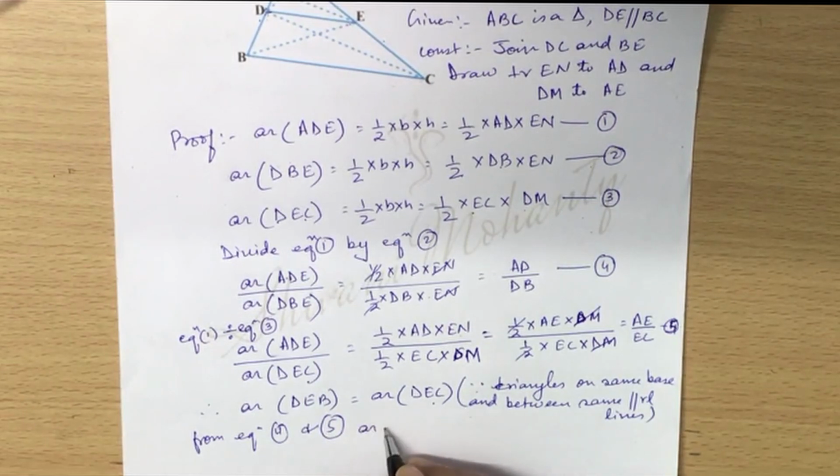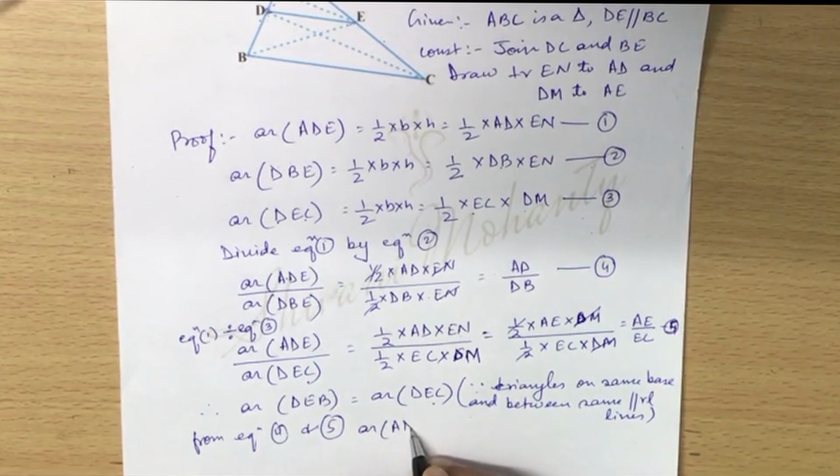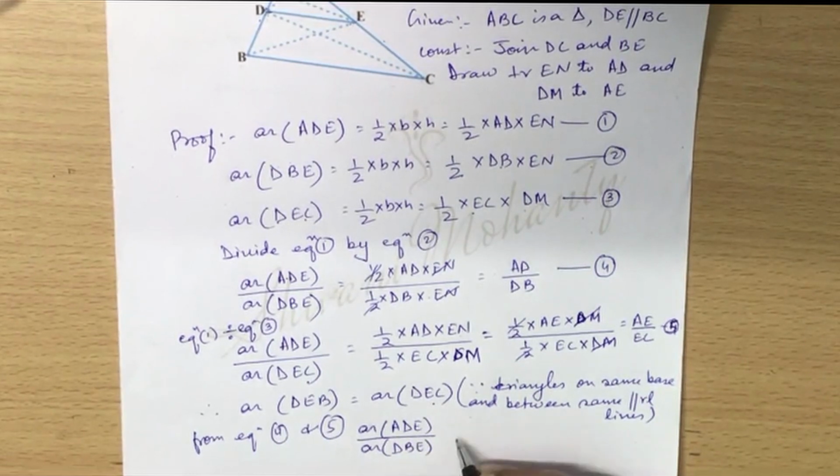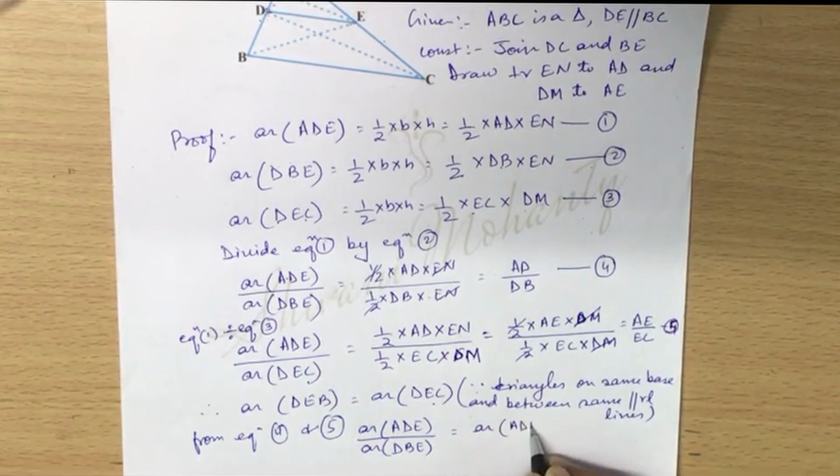Area of ADE by area of DBE is equal to area of ADE by area of DEC.